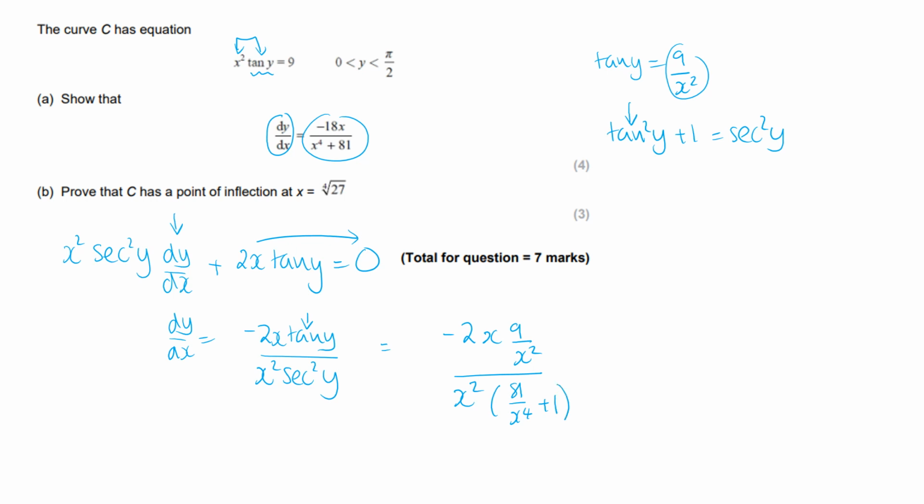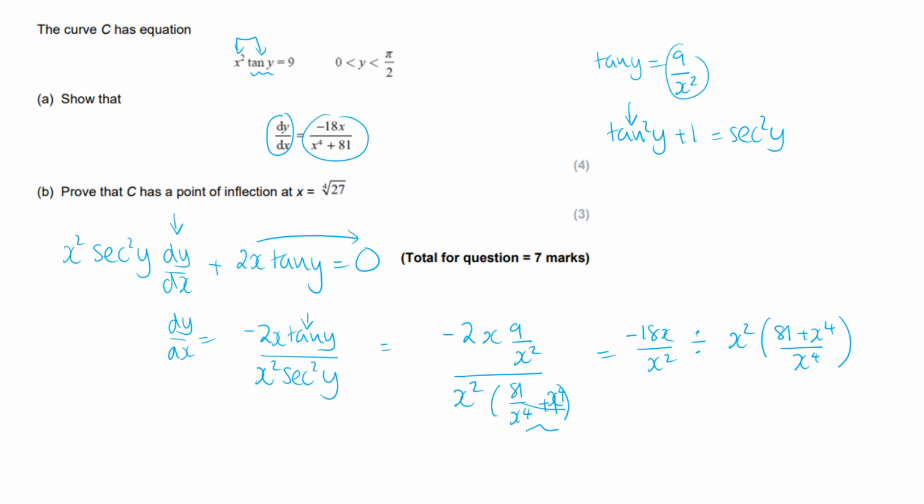So now this bracket, I'm going to make a common denominator, and I'll write it maybe next door to each other rather than a fraction and a fraction. I don't really like those. It's minus 18x over x squared divided by x squared. Now if I want to make that line go all the way across, I'll need to give that x to the 4 as well. So that will be x squared into 81 plus x to the 4 all over x to the 4.